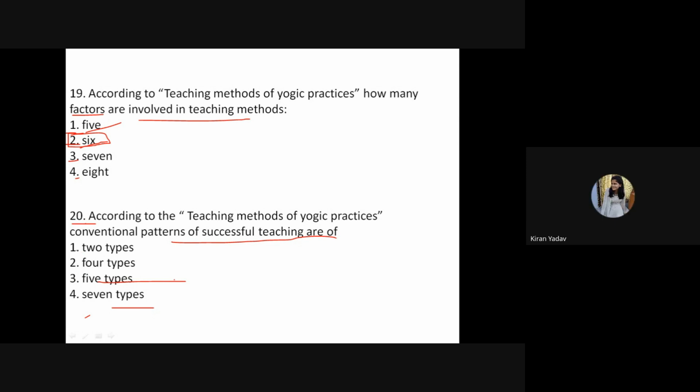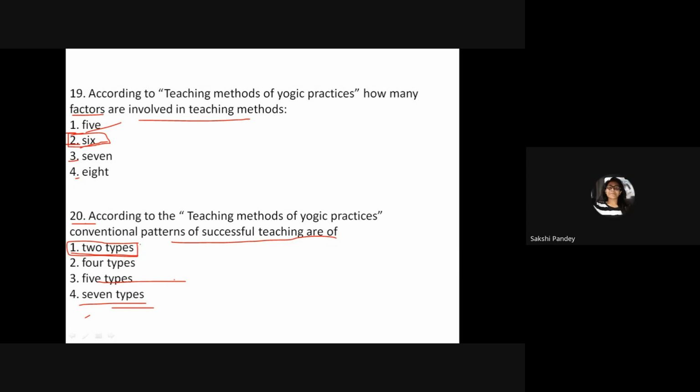I'm not sure whether it should be two types or seven types, because in the book there is a line given that traditionally there have been two approaches towards successful teaching. First is teacher centered, and second is student centered approach.